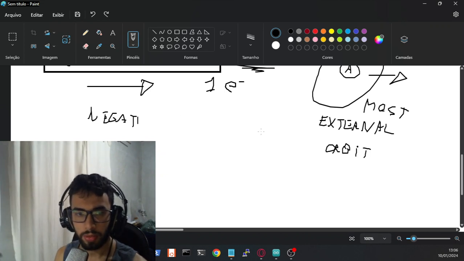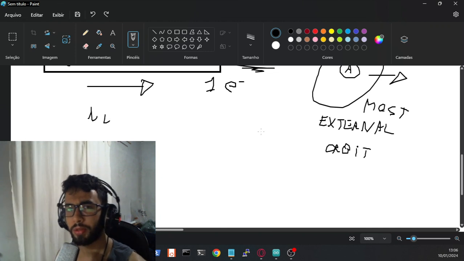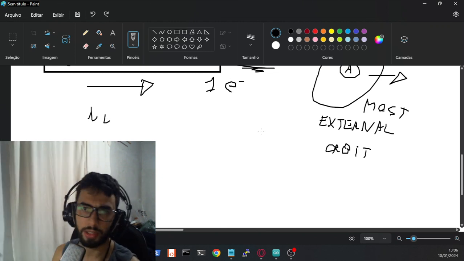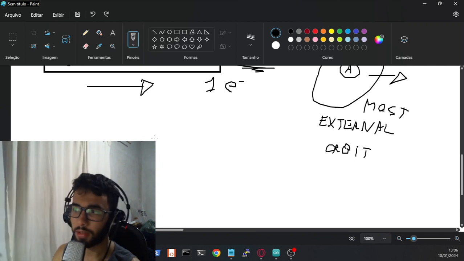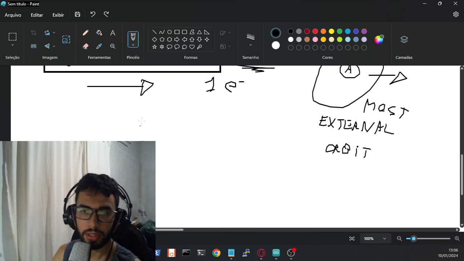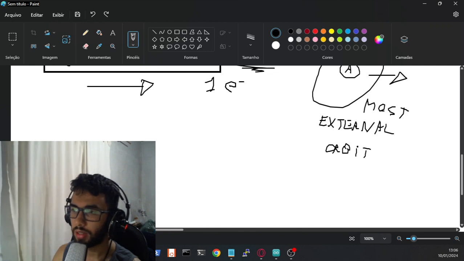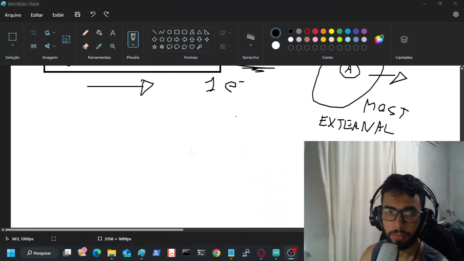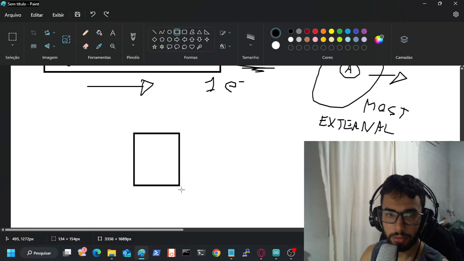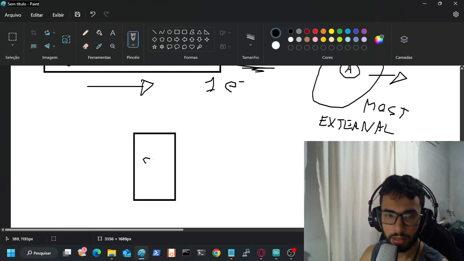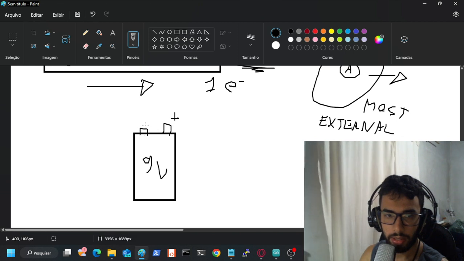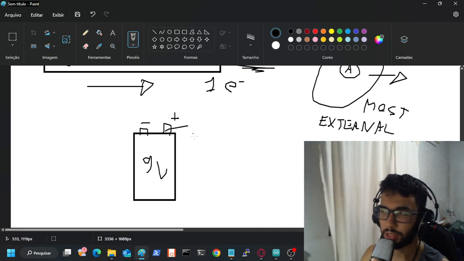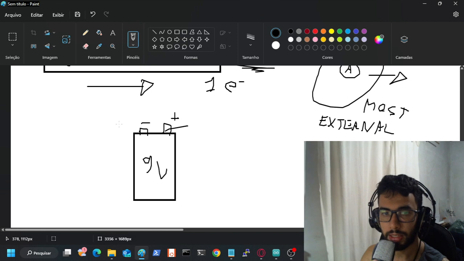So why does my battery show plus and minus, positive and negative signs? Because it's a convention, guys, it's just a convention. When we have a battery, let me explain better here. Let's imagine we have a 90 volt battery here, so we have the plus and the minus here, the positive side and the negative side.